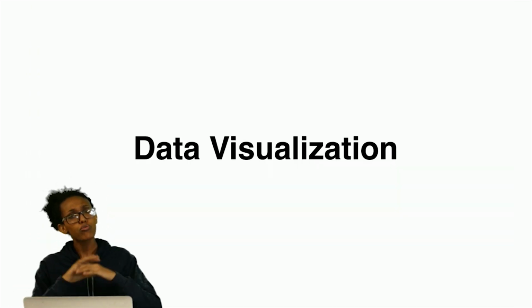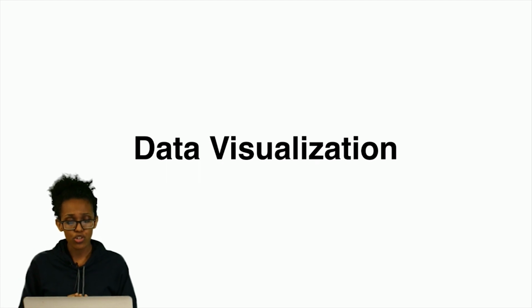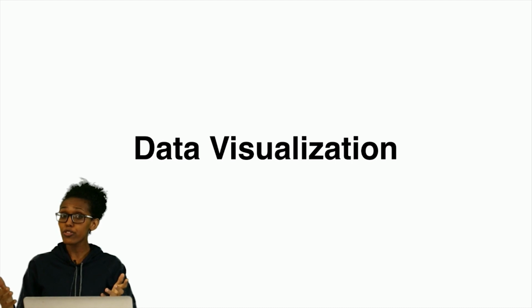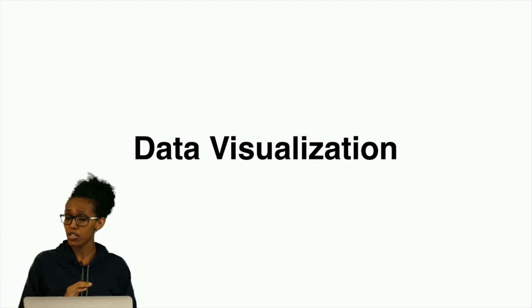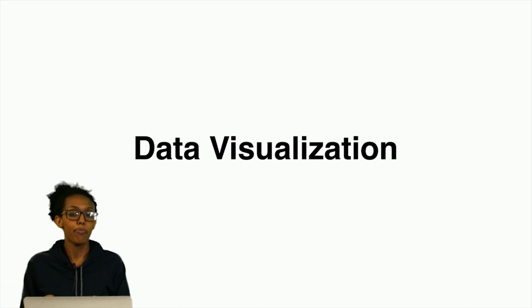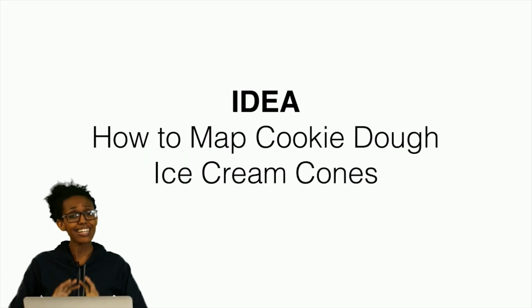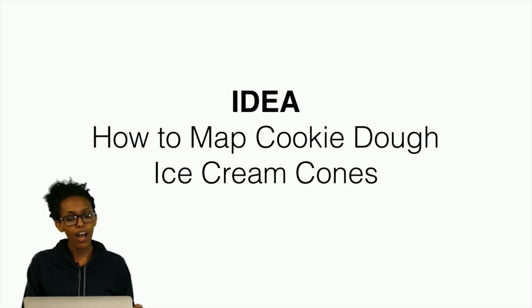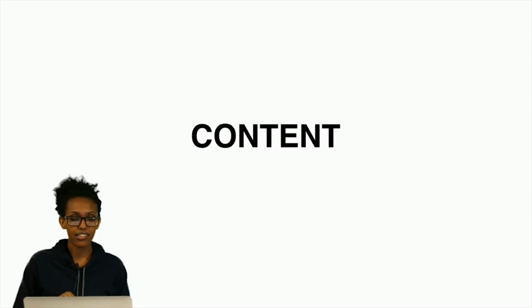You decide that you're going to make a really cool map, and you're going to use something called Leaflet, which is a JavaScript library to make interactive maps. And you realize that it's a very simple map because there's only one store and only one data point, but you've never used Leaflet before. You're super excited about your first interactive map, and you want to talk about it. So the idea that we're working with is how to map cookie dough ice cream cones. That's the idea. So now let's look into the content.